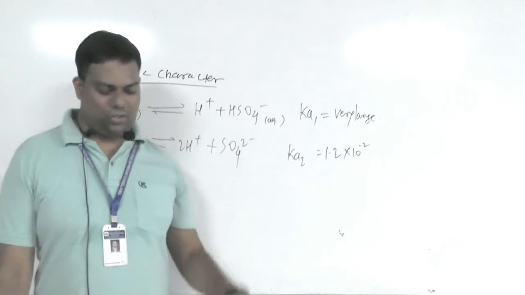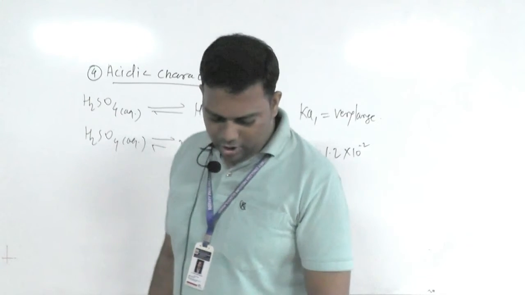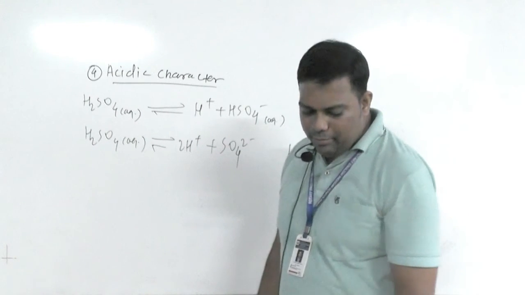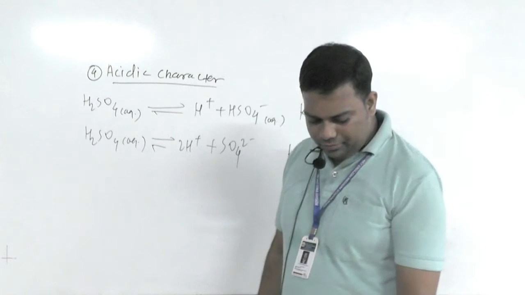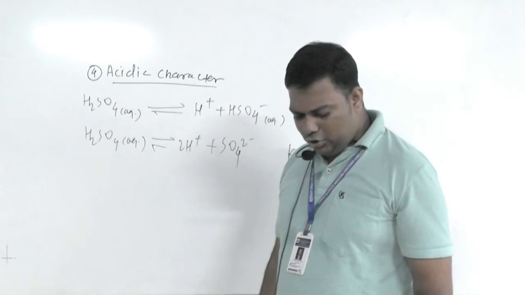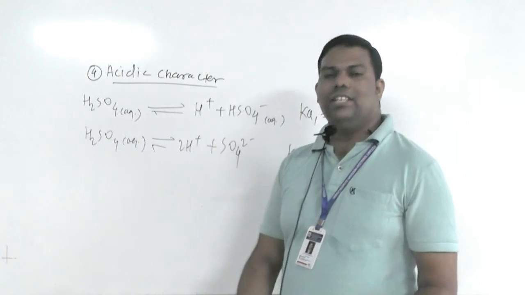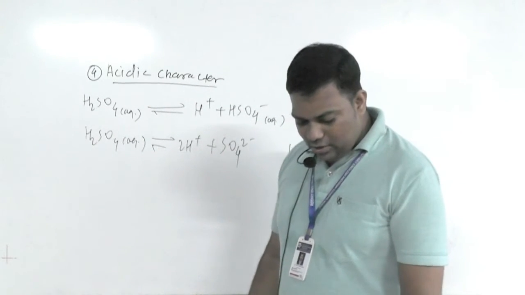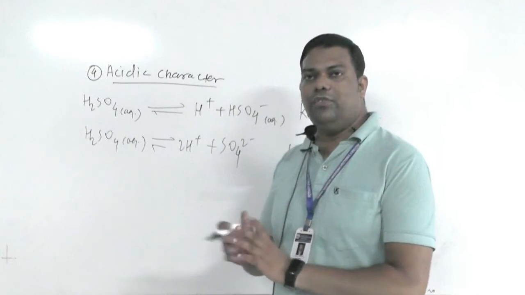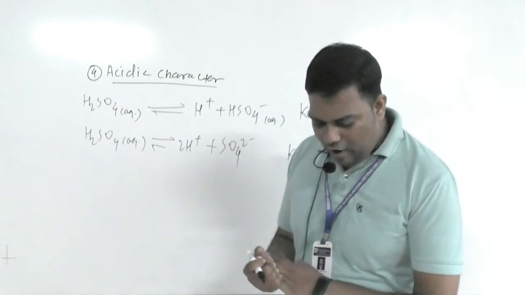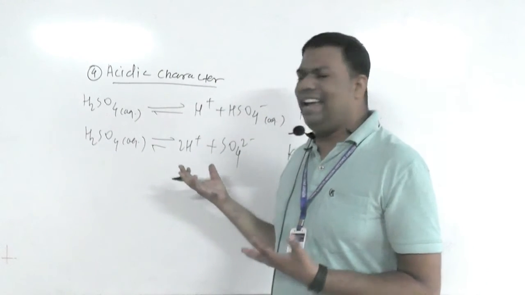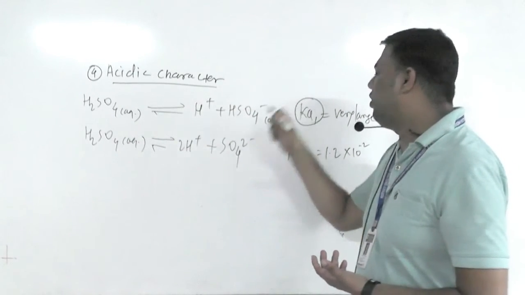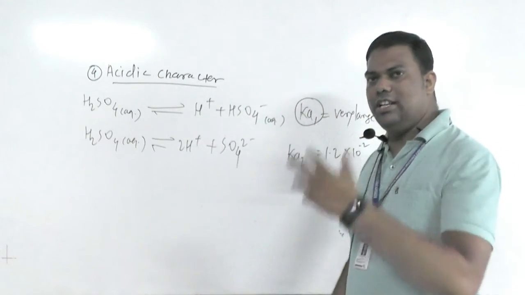Hence we conclude that H2SO4 is largely dissociated into H+ and HSO4-. The greater the value of the dissociation constant, the stronger the acid.